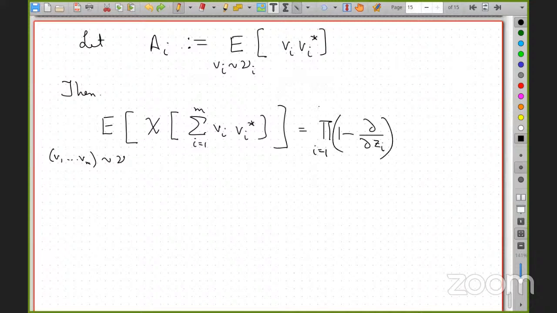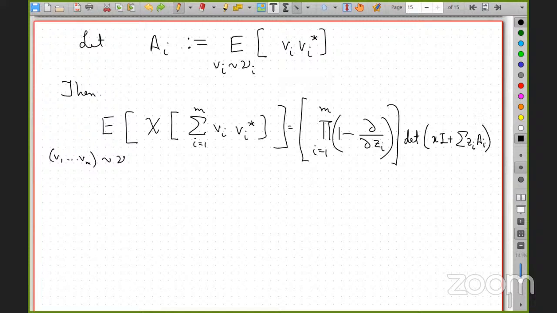so to apply this operator 1 minus the derivative with respect to z_i. So this big operator is applied to a polynomial. What is the polynomial? The polynomial is det of xI plus summation z_i A_i.